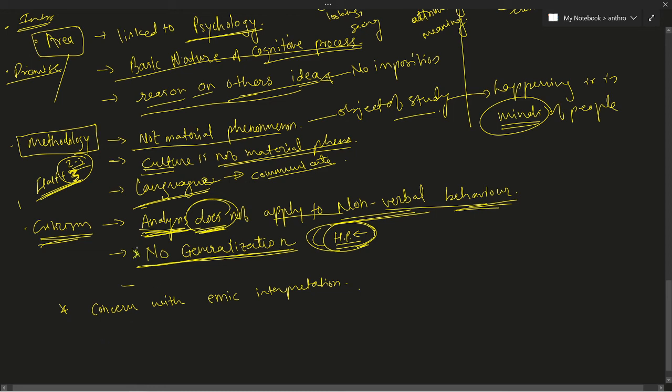As far as the conclusion is concerned, we have to focus that cognitive anthropology is concerned with the emic interpretation of meaning, that is, arriving at the meaning a culture has for its actors, that is the insider's view. And secondly, to understand how meaning is acquired by people, that is the learning process.